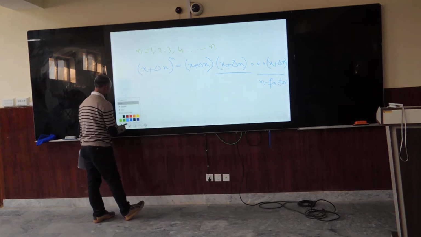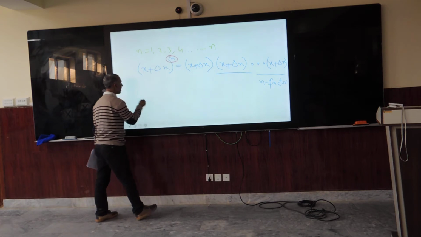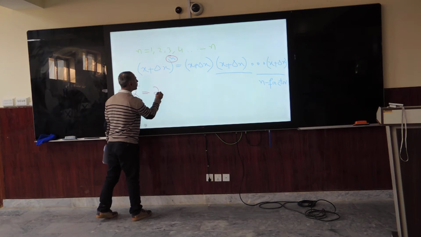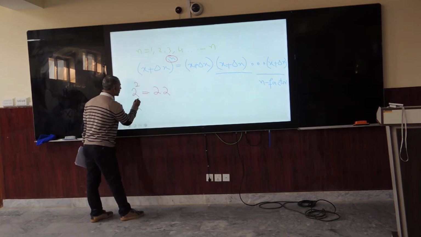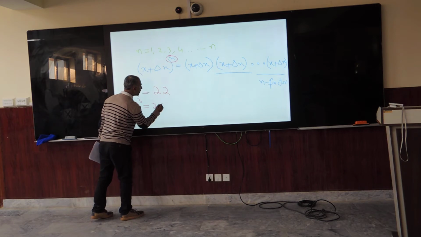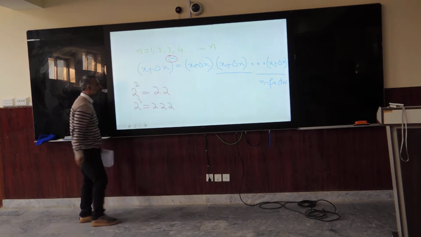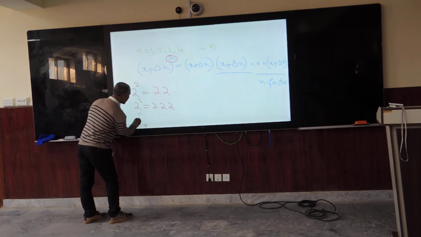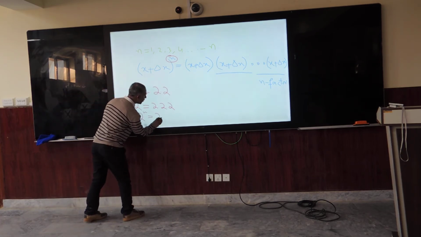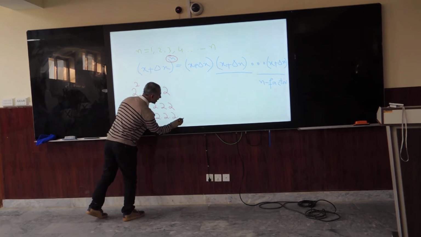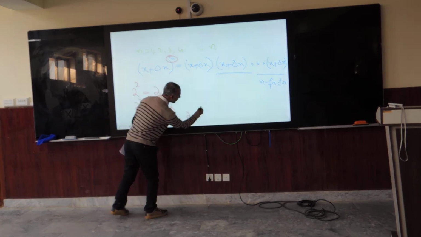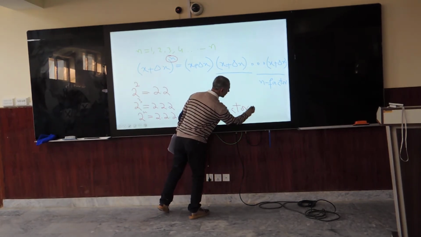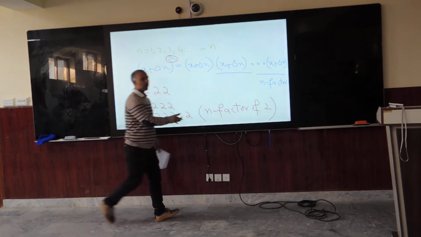For expanding this power n, for example, if we have 2 to the power 2, it means 2 into 2. If we have 2 to the power 3, it means 2 into 2 into 2. There are 3 factors of 2. Similarly, if we have n factors of 2, we can write 2^n equal to 2 times 2 times 2 and so on, n factors of 2.